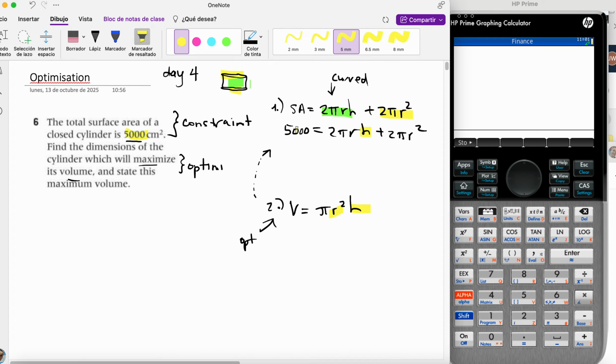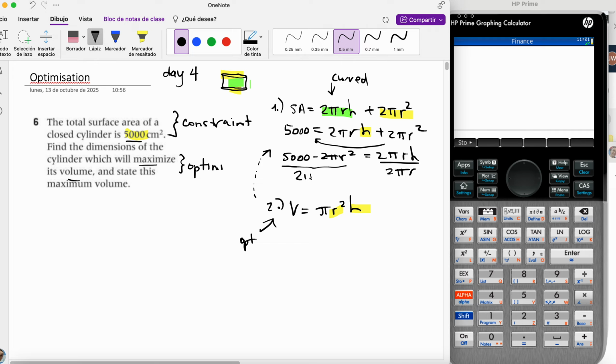So what we do is we use our friend to isolate for one of the variables. It's much, much easier to isolate for h, because there's 2 r's. And so all we're going to do is just rewrite this with h being the subject of the formula. So subtract, don't divide. Subtract 2 pi r squared from both sides. And if you want, remember with these videos, you can pause it.